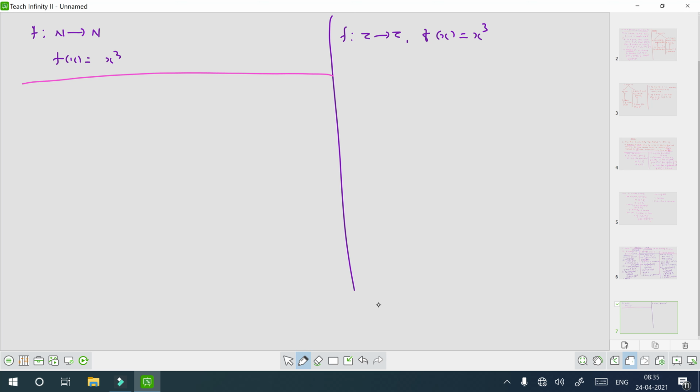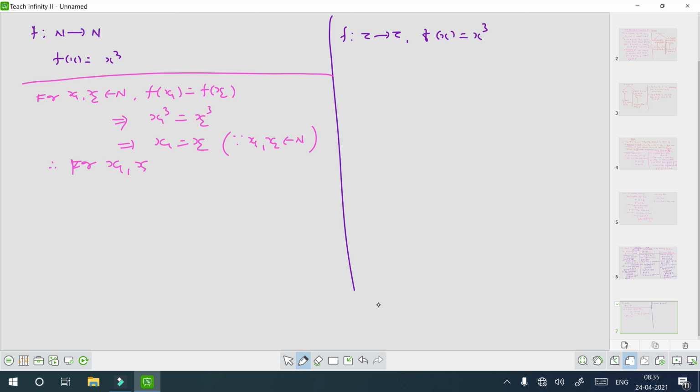For x1, x2 belongs to N, f of x1 is equal to f of x2. This implies x1 cube is equal to x2 cube. This implies x1 is equal to x2. Why? Because here x1, x2 belong to N. And therefore, what have we seen?